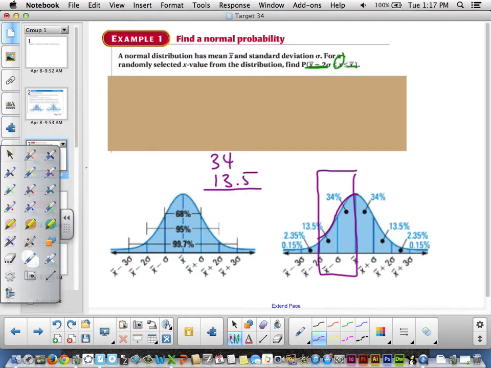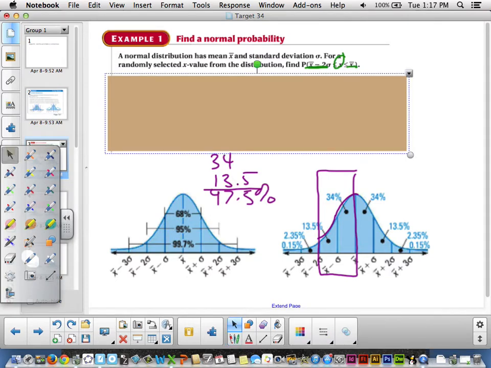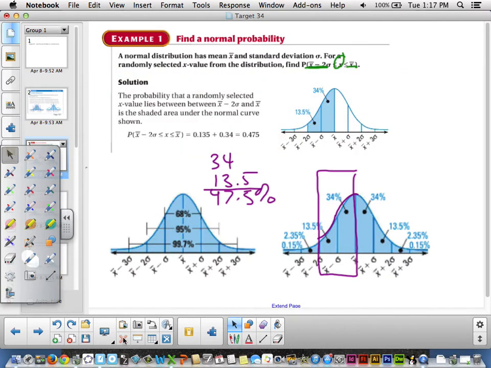So the probability that a randomly selected value will be 2 standard deviations below the average or the average is 47.5%, or 0.475 as they do it. So the probability of a point being between the average and 2 standard deviations below the average is 47.5%.